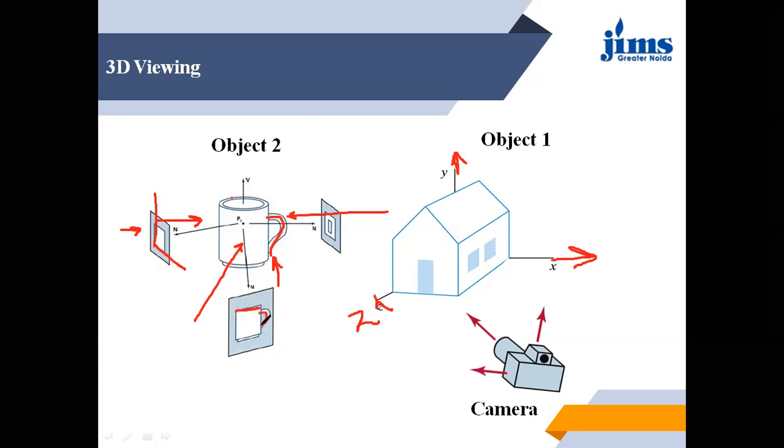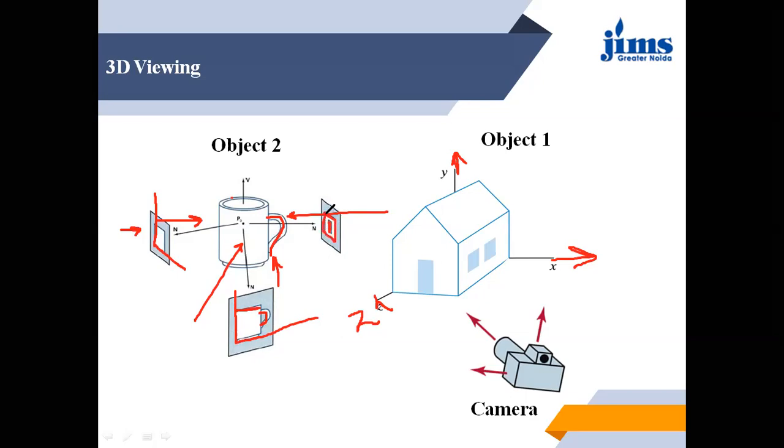And here also you can see that there are two directions, that is y and x directions. When I am seeing this object from this side, then as the handle is in between, we can see that this is the handle, this is the handle, and this is the image of the rest of the kettle.